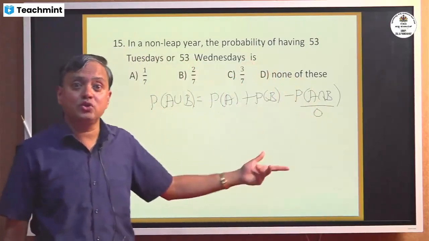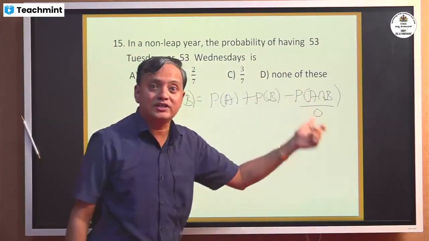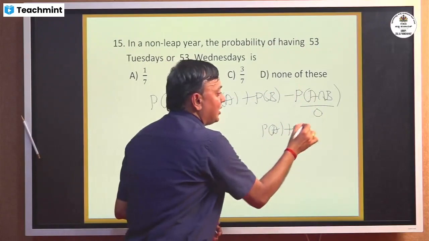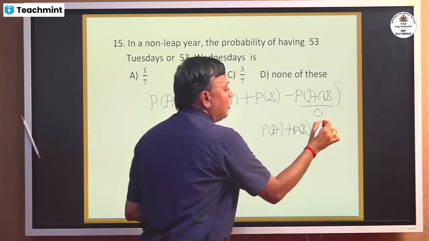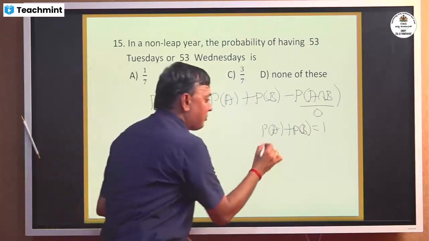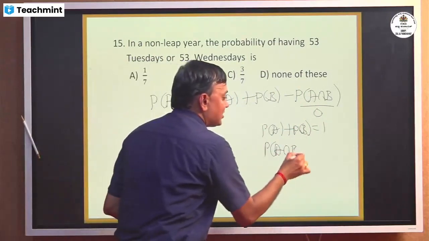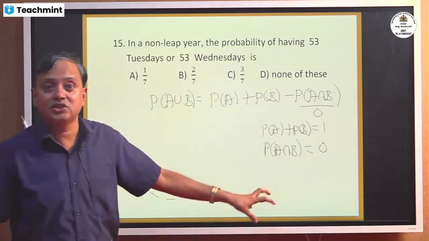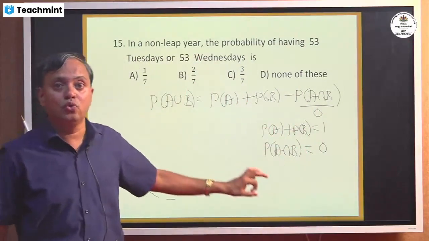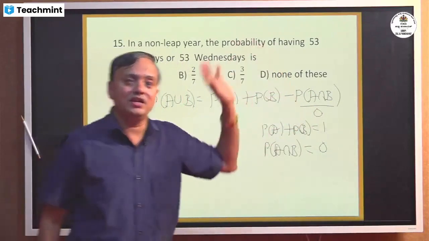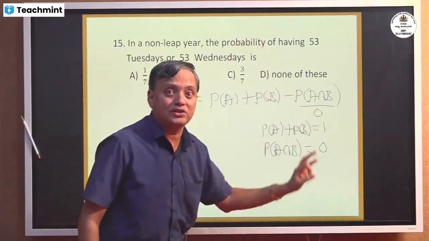And exhaustive: suppose A and B are exhaustive events, it means probability of A plus probability of B should be equal to 1. Exclusive means the probability of A intersection B is 0. Exclusive and exhaustive events: two or more events E1, E2, E3, up to En are exclusive and exhaustive events.